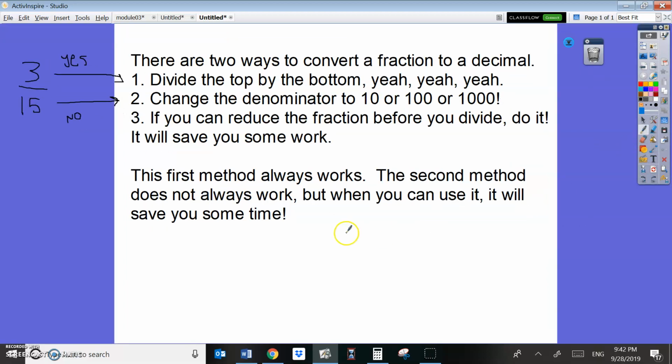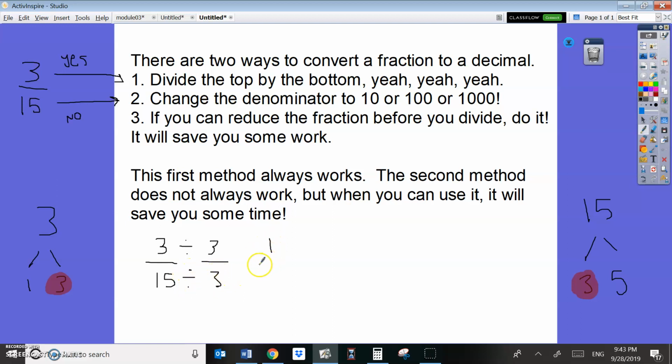So, 3 over 15, can that be simplified? Well, look, factors of 3 are 1 and 3. Factors of 15 are 3 and 5. They have a common factor. It's 3. So we reduce by dividing by the greatest common factor. Divide by 3, divide by 3, and we get 1 over 5.